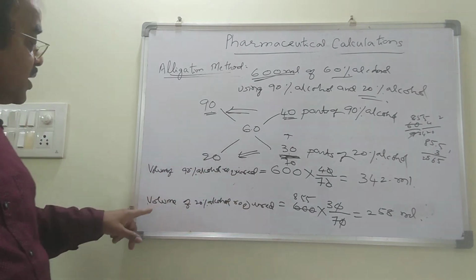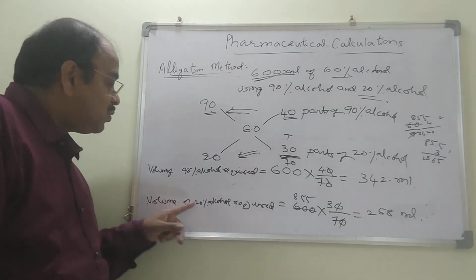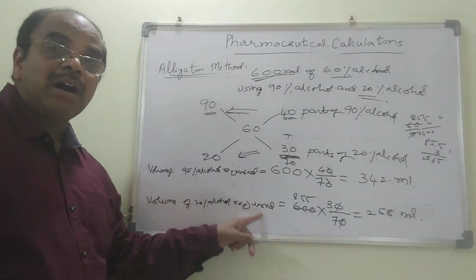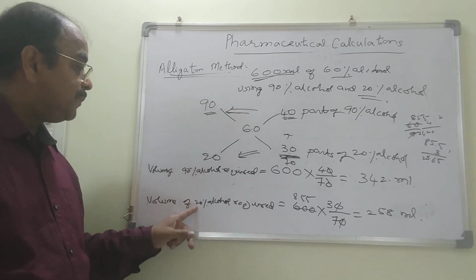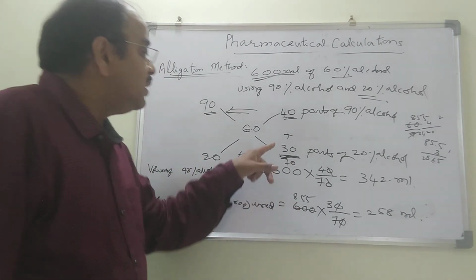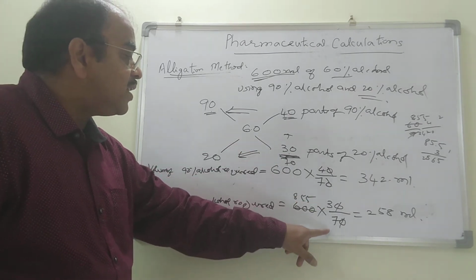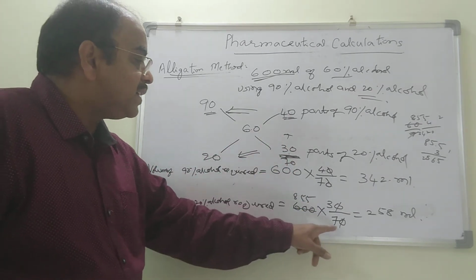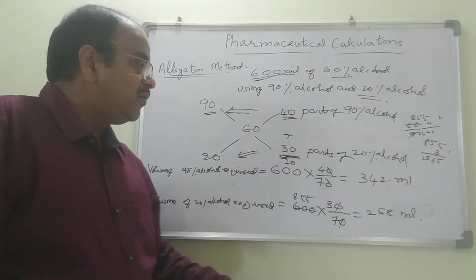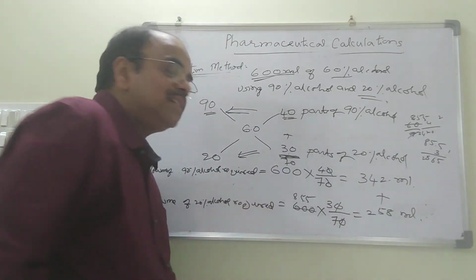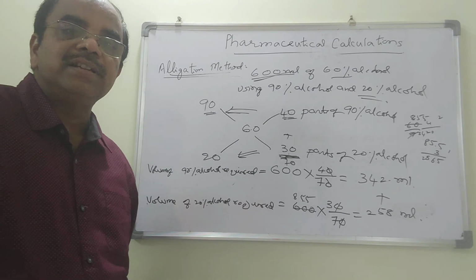Same fashion, let us do for the other one. Volume of 20% alcohol required is equal to 600 into 30 parts divided by total number of parts 70, which is 258 ml. When you add these two, we get 600 ml of 60% alcohol.